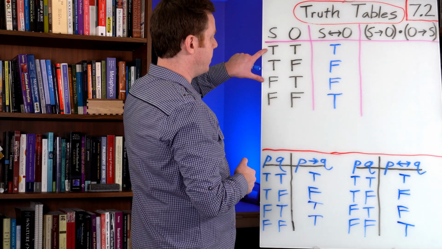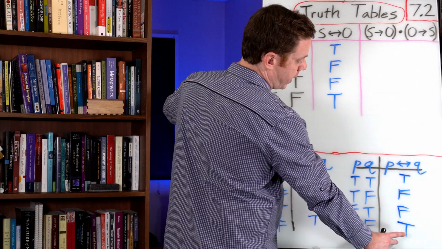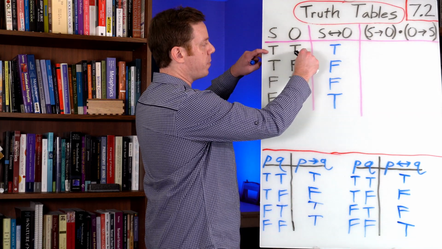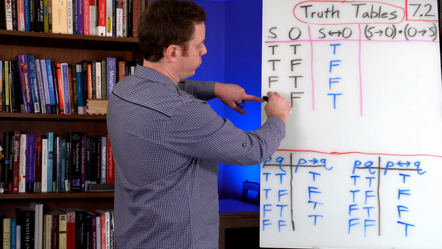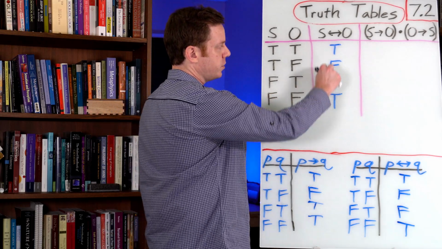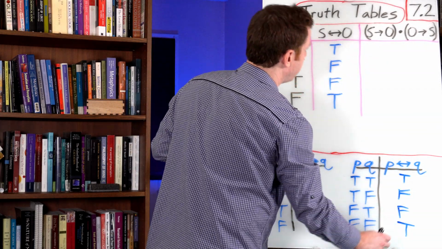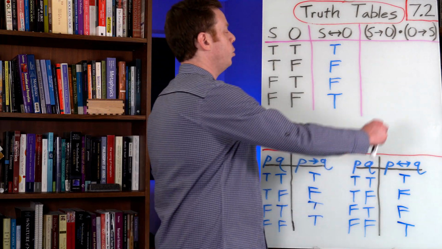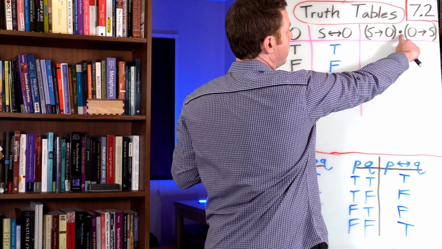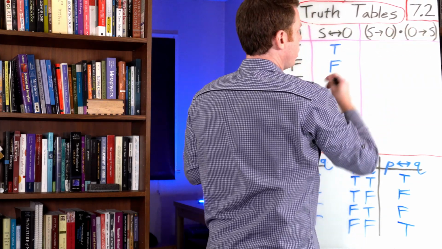So this is just going to be the same as right here, right? Here's every possible combination: both true, one true and one false, one true, one false, both false. So this is the same as here. Let's compare the biconditional to a conjunction of two conditionals.